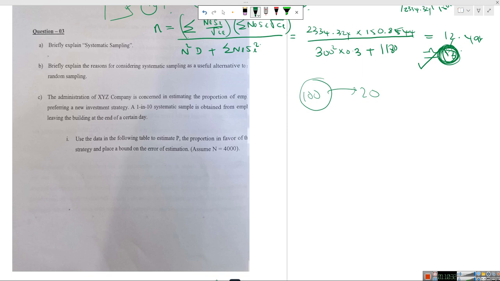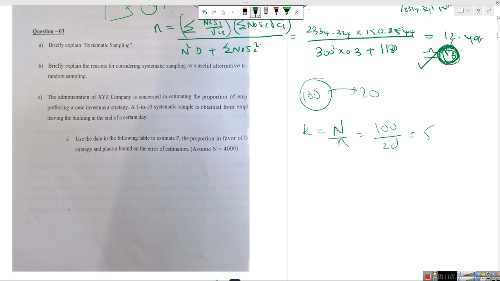Now if we want to adopt a system, we have to randomly select the starting point, and from that starting point we are going to take the remaining samples according to an interval. We call it the sampling interval. K is equal to population size N divided by n, so here 100 divided by 20 is equal to 5.